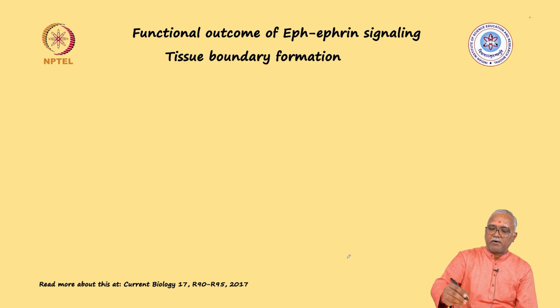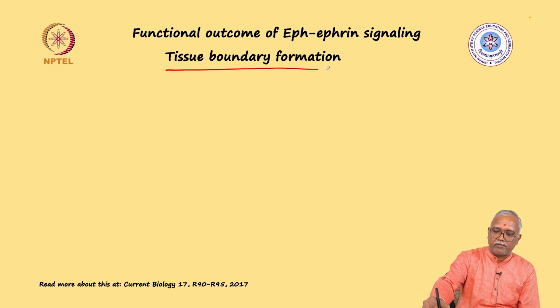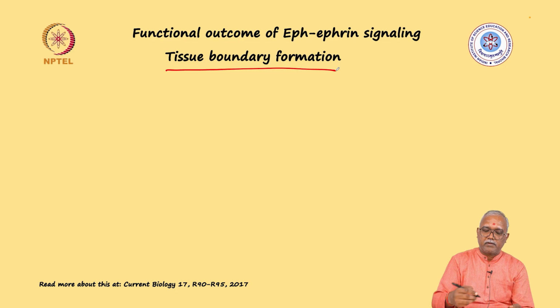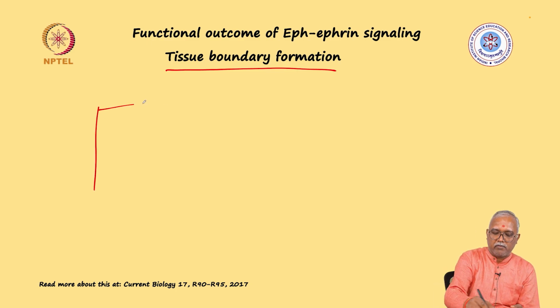So we'll take the example of tissue boundary formation. Now think about a scenario where there are two sets of cells which are in close proximity. So if I say one set of cells, I'm just drawing as a sheet.